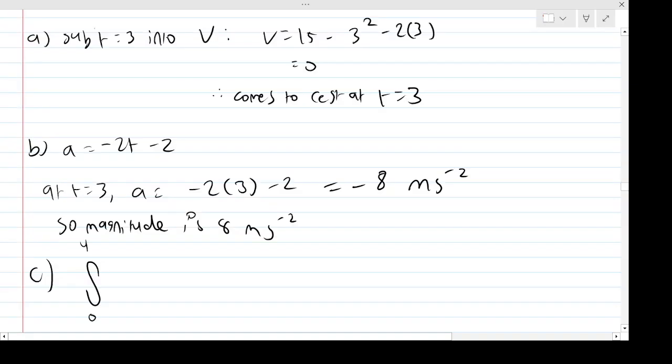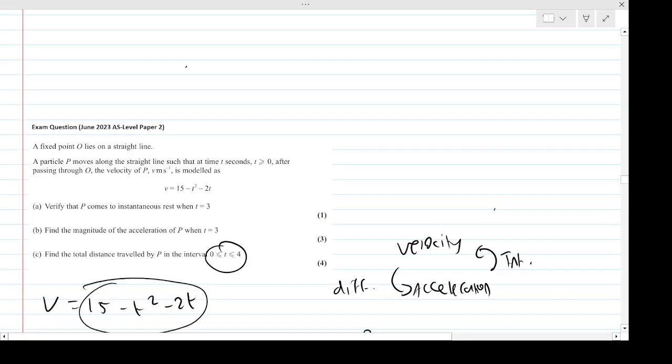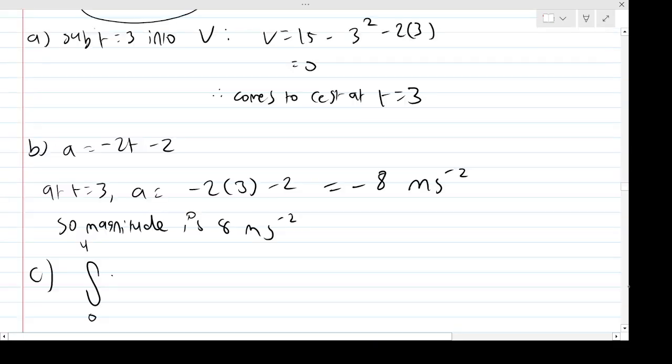So the velocity is 15 minus t squared minus 2t. However, we need to also pay attention to the fact the area might become negative throughout. Okay, the graph might dip underneath the axis, so the negative area could cause issues.